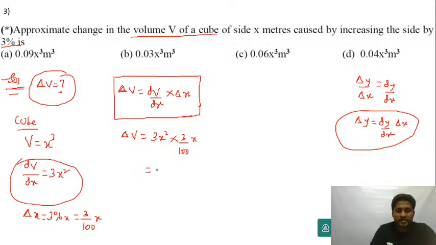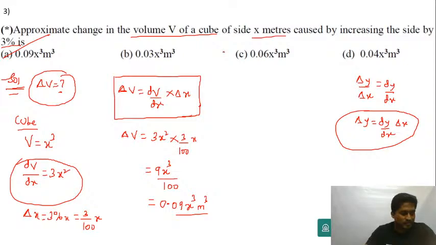So this is equal to 9x cube by 100. The unit is meter, so this is equal to 0.09 x cube meter cube. That's the first option. Answer is option A.